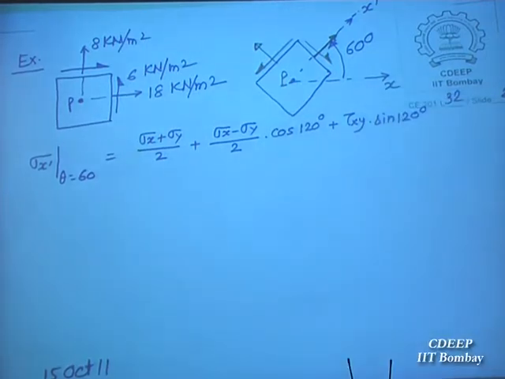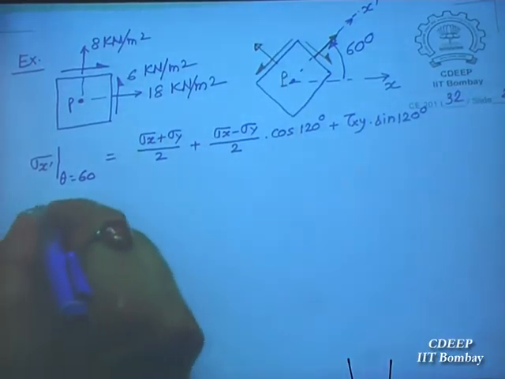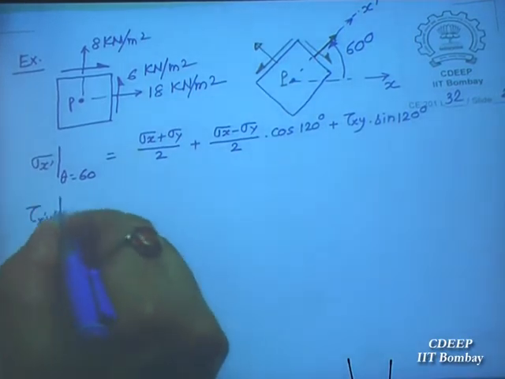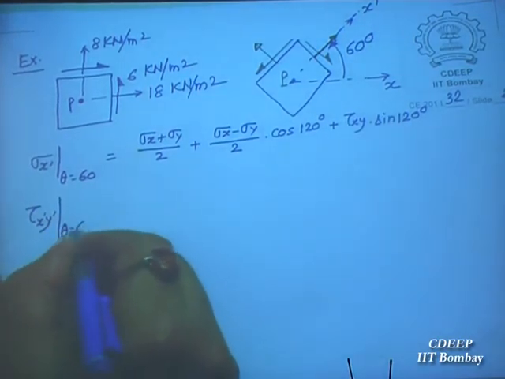So please find out this value, and similarly find out tau x dash y dash at theta equal to 60.